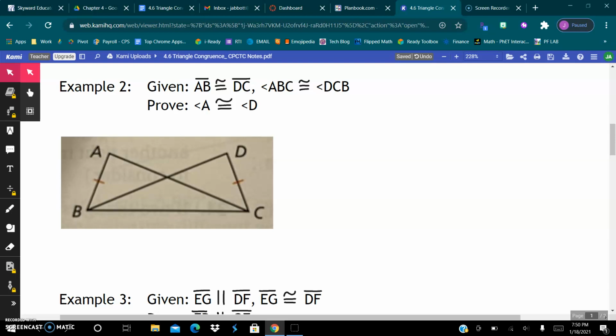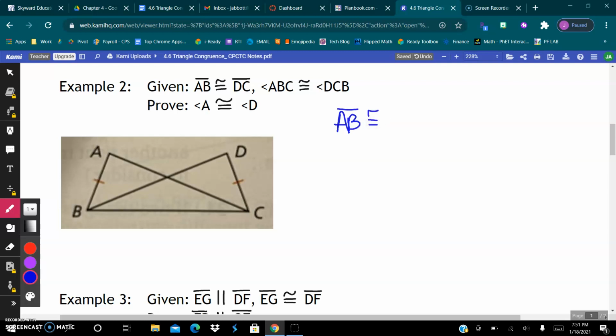All right, for example 2 here, we have this picture. It says given AB is congruent to DC, and that is shown there by the tick mark. So we're going to start off with that. So AB is congruent to DC because that's given.